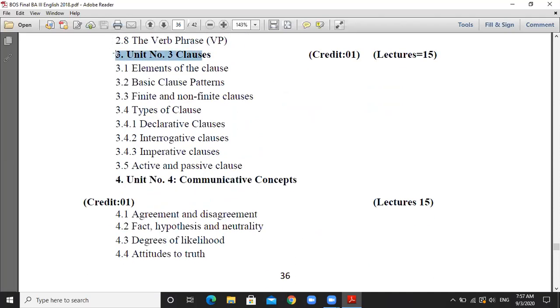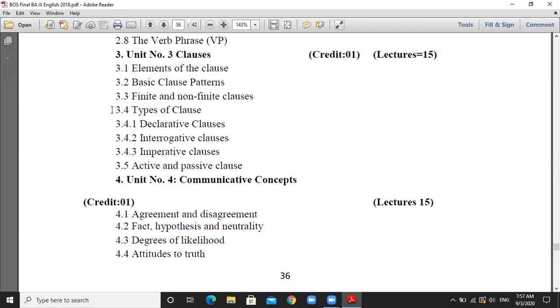Right. The third unit in the syllabus is clauses, right? So what are we going to study in clauses? Elements of clause we are going to study. So what are the elements of clauses? SPOCA: subject, predicate, object, complement and adverbial. You might have seen the video on my YouTube channel which talks about elements of clause or sentence. Then basic clause patterns we are going to study. Finite and non-finite clauses we are going to study in this unit, and types of clauses we are going to study.